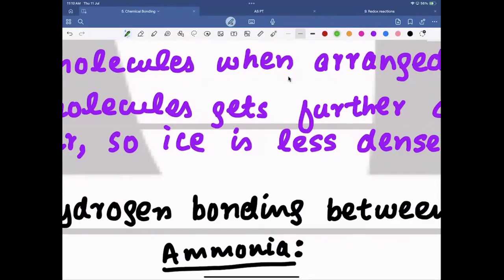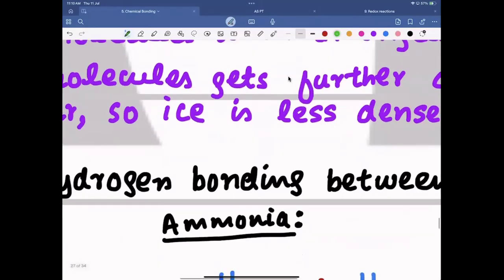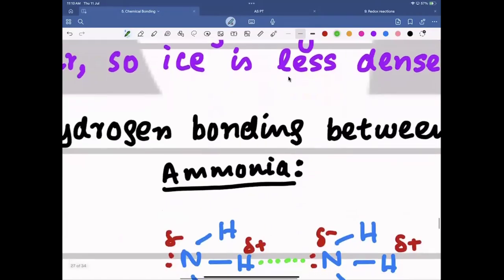Sir, I've sent you the picture. Is this correct? Let me see. Yeah, it is correct. And you can draw it in this way as well. But the way you made it is also correct. In this way, we are showing two hydrogen bonds.